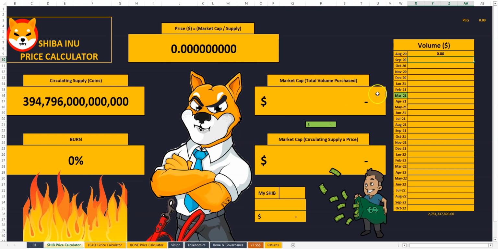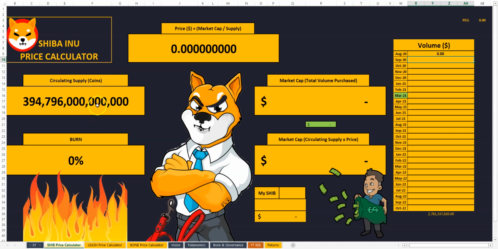The market cap is determined mostly by the market, how many people buy and sell Shiba Inu, and the circulating supply. Ultimately, it will be determined by the community through the governance mechanism. That's the special thing about the Shiba Inu.